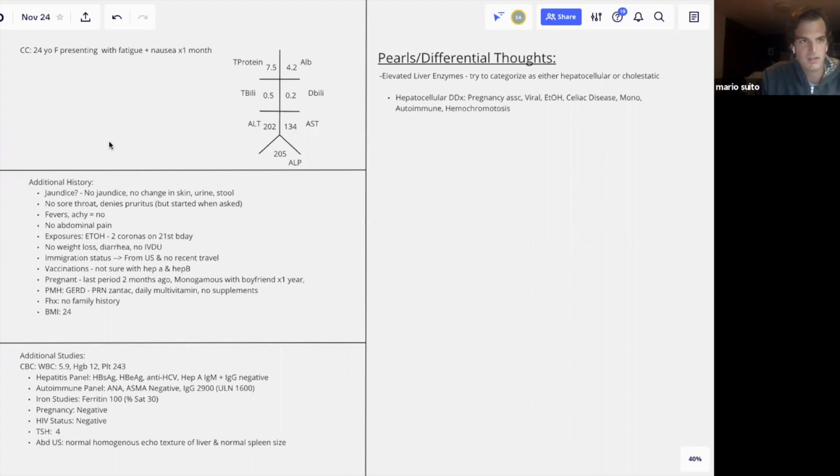So what I think is still on the table are the autoimmune diseases. Maybe I know there are some seronegative hepatitis viruses. I think those are more associated with bone marrow suppression than hepatic inflammation, but maybe some atypical infection could still be in play.